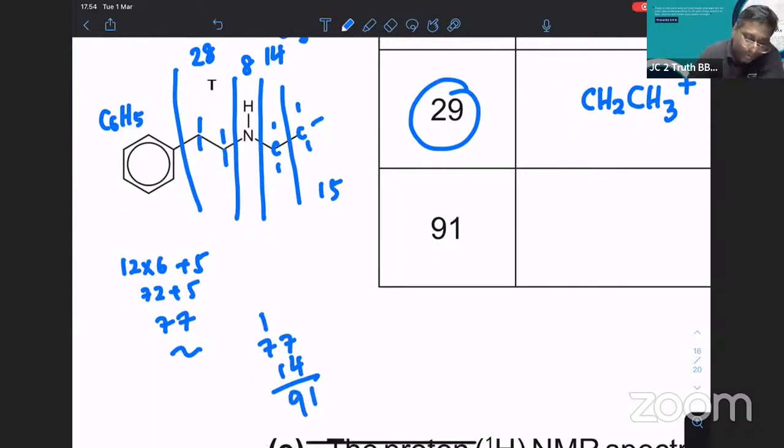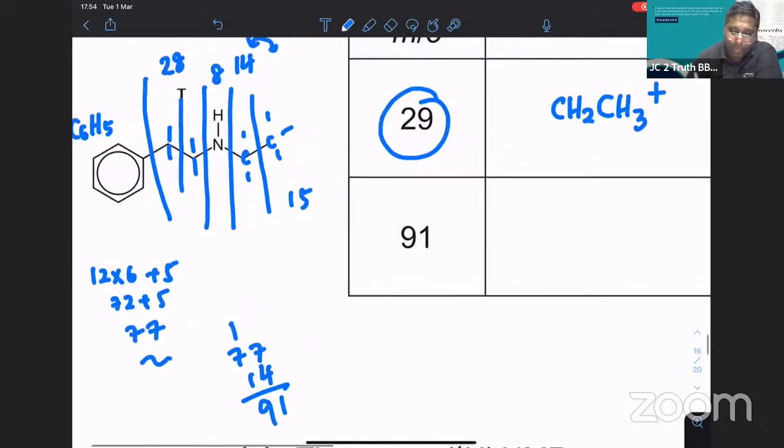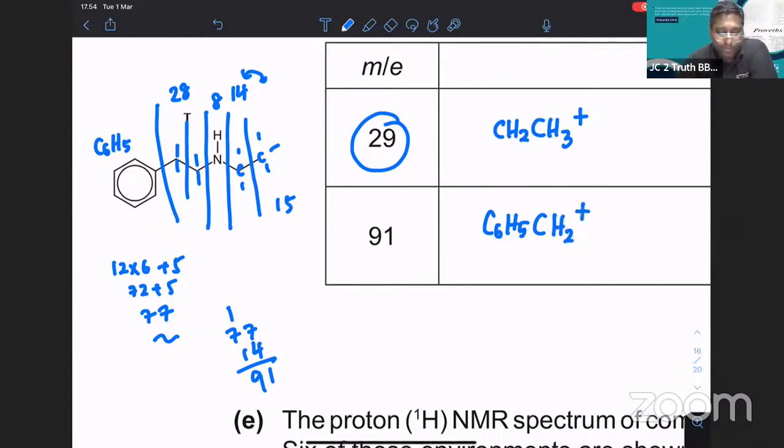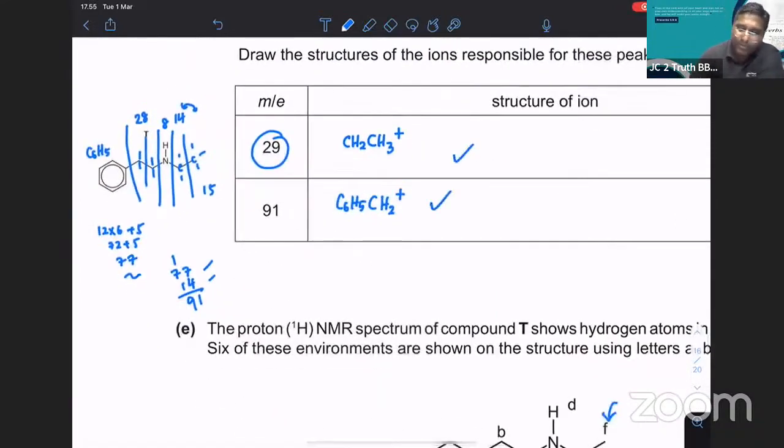So it is C6H5, then CH2, plus, so 14 plus 77 gives 91. That is the part that they want.